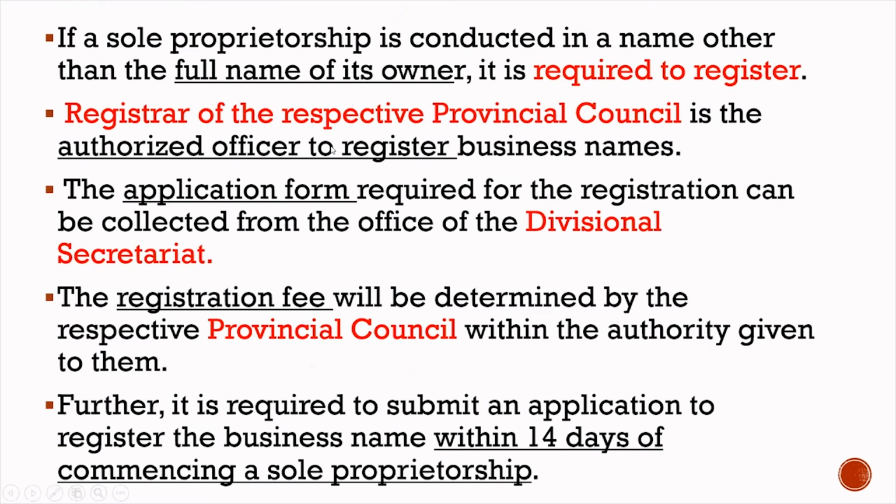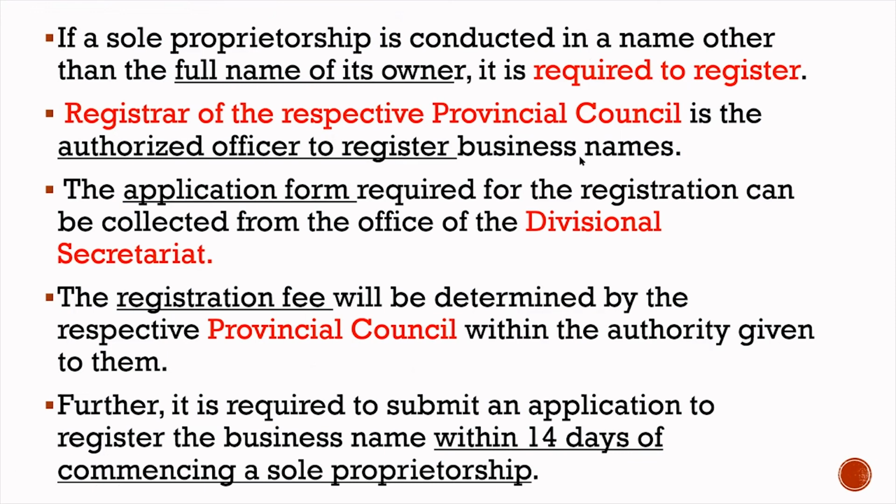There are a set of conditions you have to think as well. If a sole proprietorship is conducted in a name other than the full name of its owner, then you should definitely register your business. The registrar of the respective provincial council is the authorized officer to register the business name.